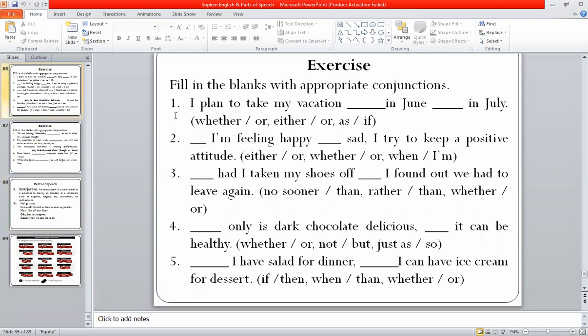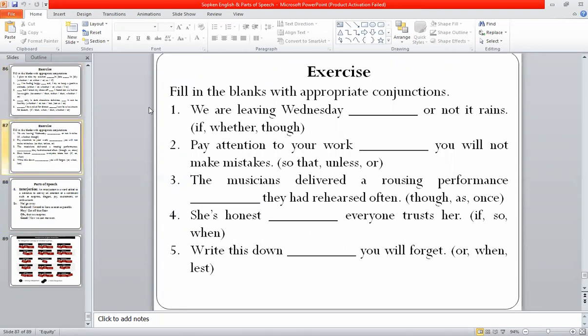So let's try to solve this exercise. We also have seen this exercise. So we were at this exercise, and we stopped here in the last lecture.